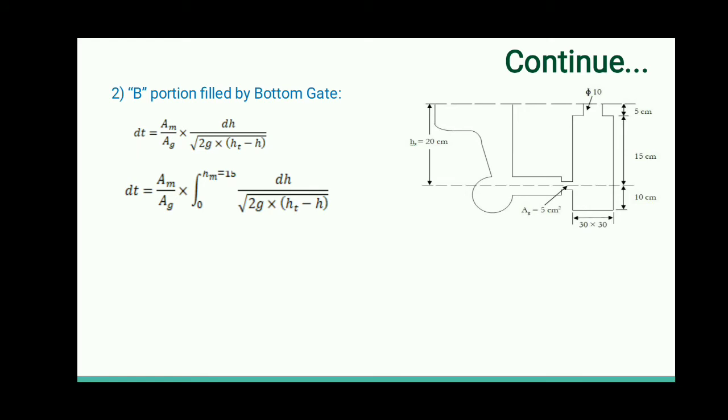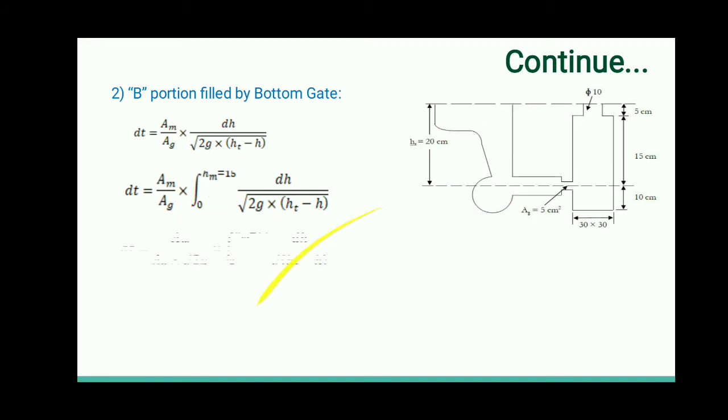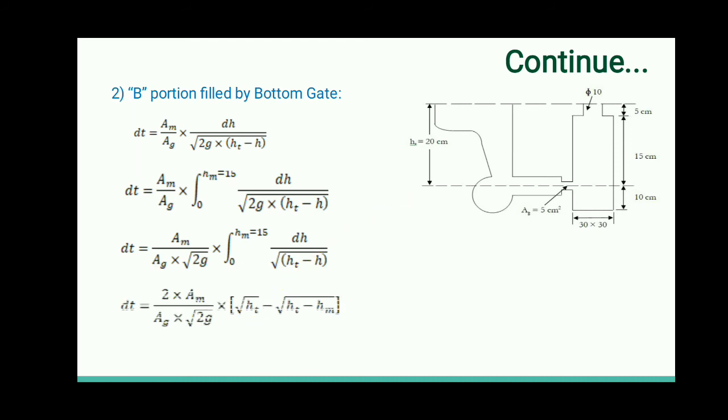It's a simple integration of x to the power n into dx, that is x to the power n plus 1 upon n plus 1. From that we can calculate this value easily. So this will be 2 AM upon AG into root 2g into (root HT minus root of HT minus hm). Now we put the HT value and hm value.